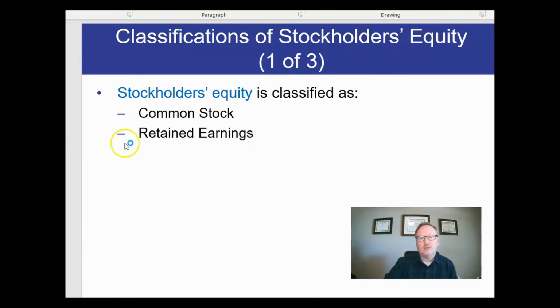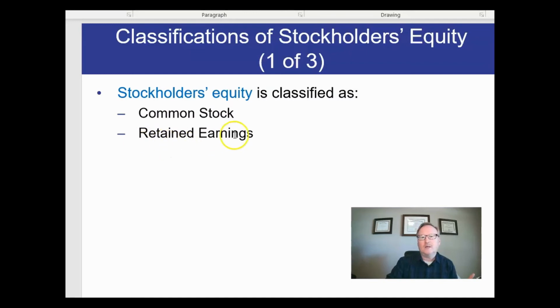So where do you get the return? Well, of course, on stock, you're getting the return on whether or not the stock goes up and down in value. But really where it comes from is retained earnings. So let's forget about the stock prices real quickly and talk about the owner's equity, because maybe this is my little lawn mowing business and nobody's buying stock in that, it's just me and this is my business.